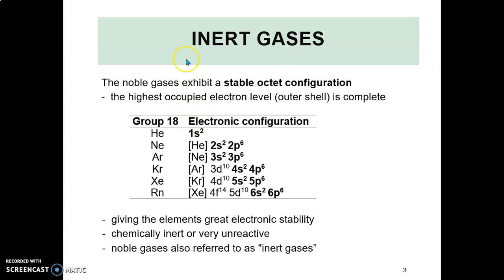For example, neon's highest occupied electron level is also complete with 2s2 2p6. The stable octet configuration gives the elements great electronic stability, and they are chemically inert or very unreactive. Therefore, noble gases also are referred to as inert gases.